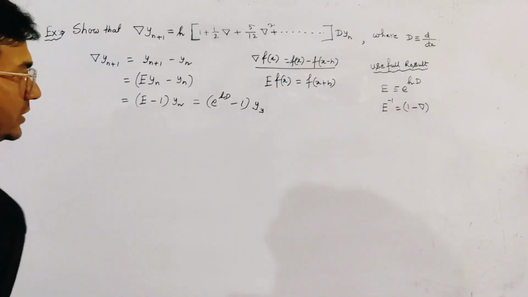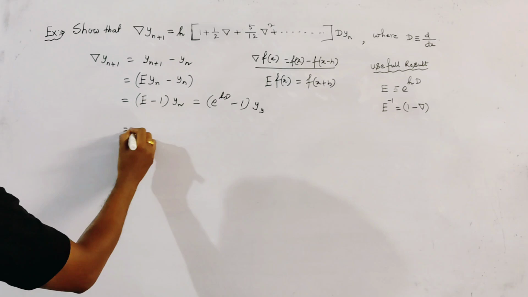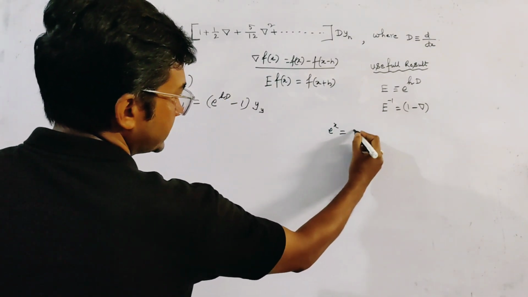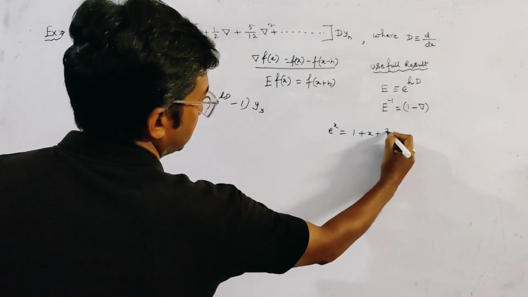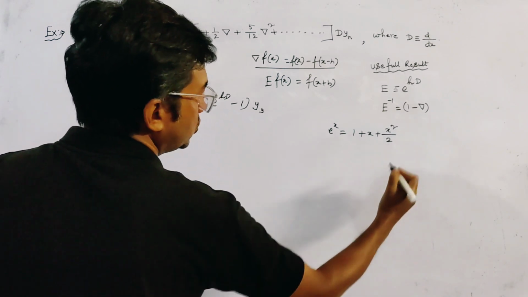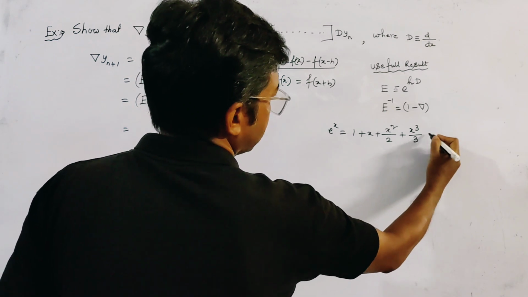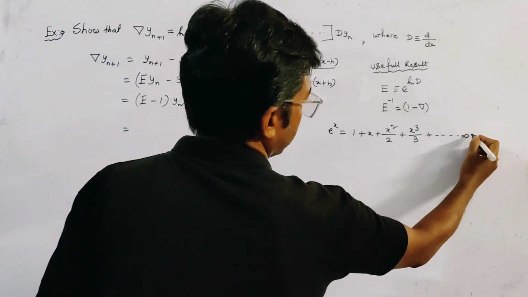Now we put the value of E, this is (e^{hD} minus 1) into y_n. Now what is the series of e to the power x? The series of e to the power x is 1 plus x plus x square by factorial 2 plus x cube by factorial 3 and so on to infinity.